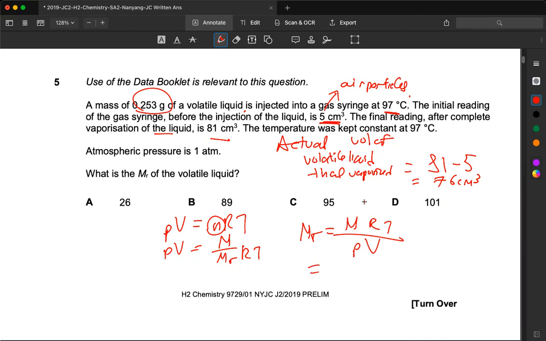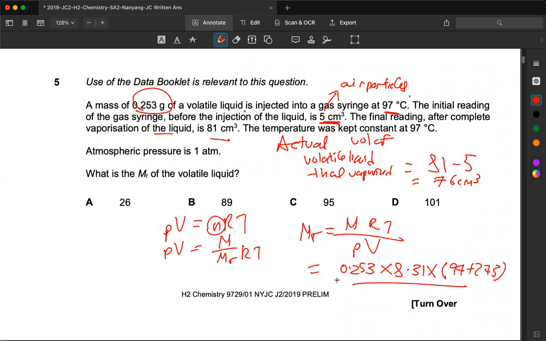The mass is given as 0.253. You can just use that because the number of moles is derived based on grams, so don't change the mass in grams. R you take from the data booklet, 8.31. Temperature you have to convert to Kelvin, so plus 273 to 97 degrees Celsius.